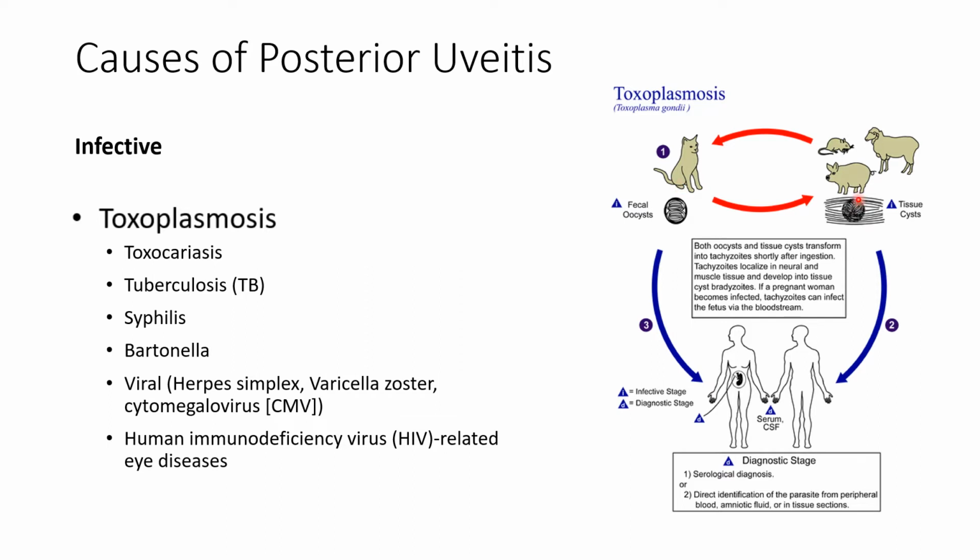When these oocysts which are excreted in the feces of the cat are ingested by humans, or the tissue cysts which are present in the meat of these animals are eaten uncooked or raw by human beings, then this can cause toxoplasmosis, which is a syndrome itself, and it can affect nearly all the organs of the body, including the eye.